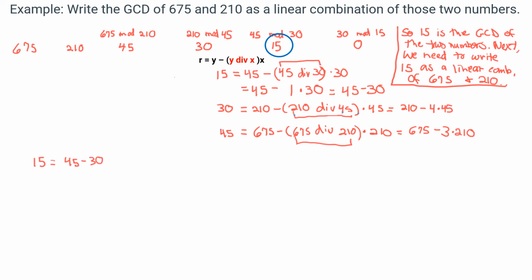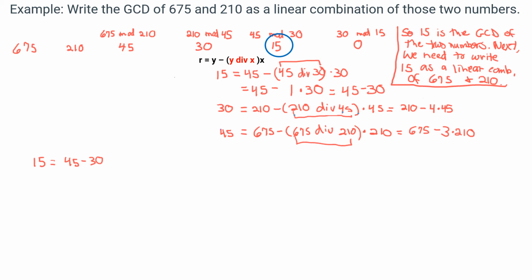And notice what we've just done is written 45 as a linear combination of 675 and 210. Now remember, what we're trying to do is write 15 as a linear combination of 675 and 210. So far, that first equation, the first time we used that, the r equals blah blah blah, we got 15 equals 45 minus 30.